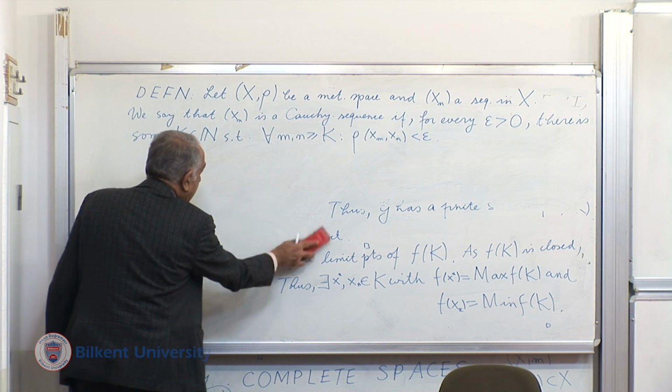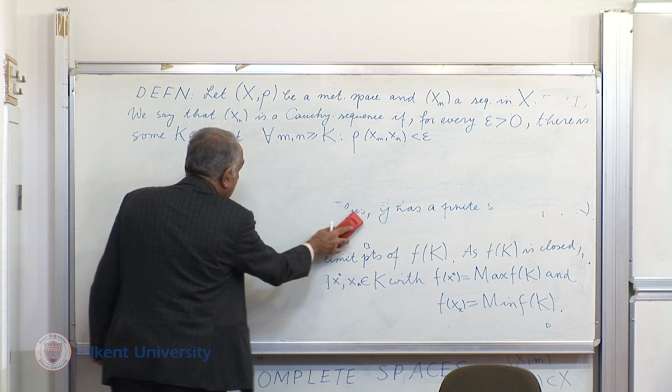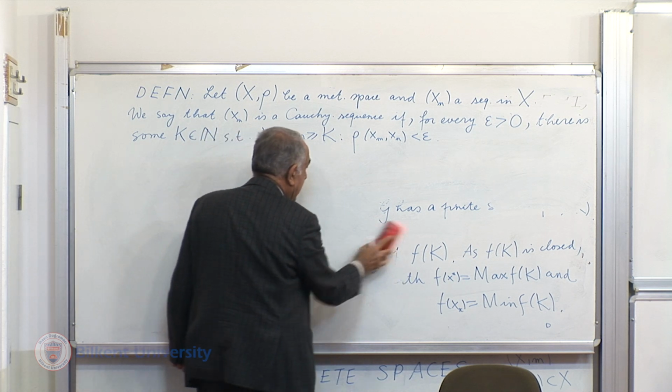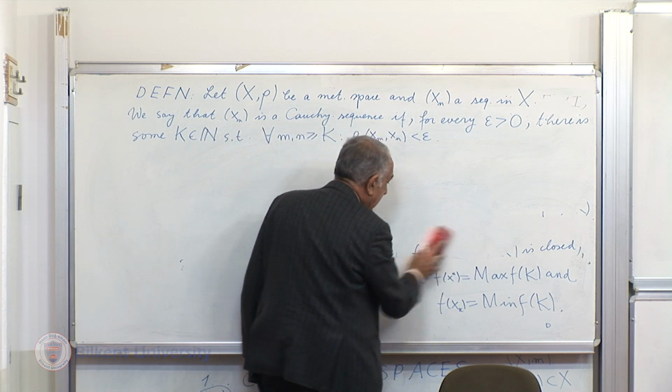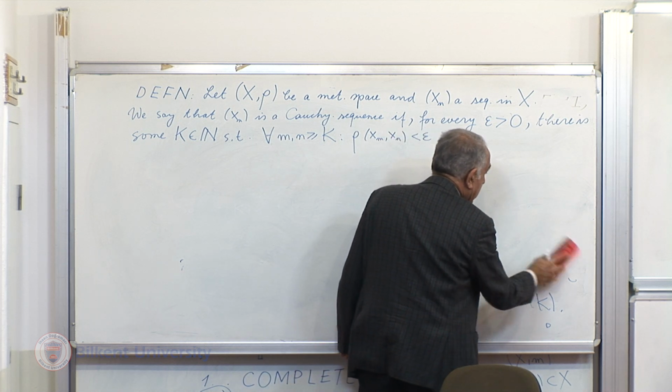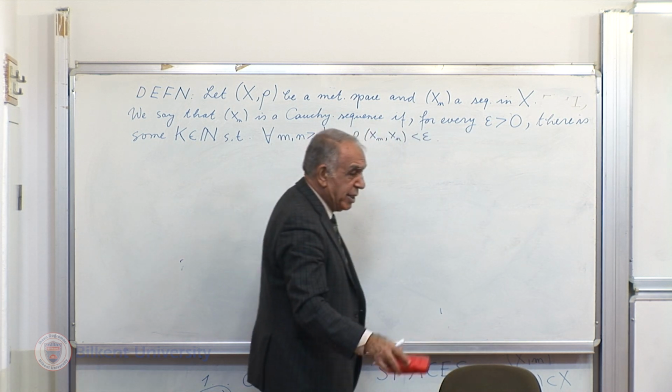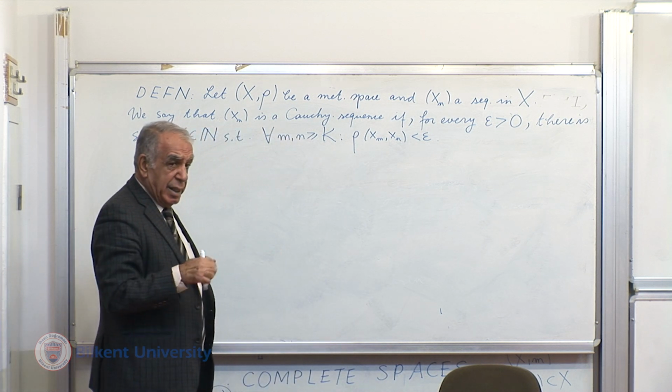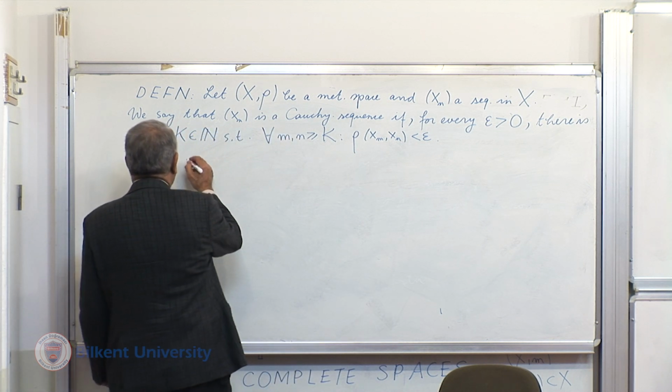Now let's see the simple example that we started with, and let us show that it's a Cauchy sequence in the metric space of irrationals under the usual metric.